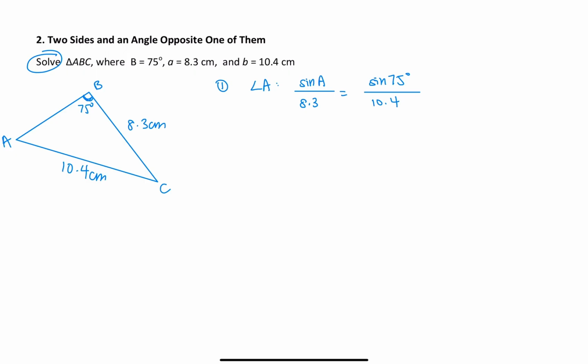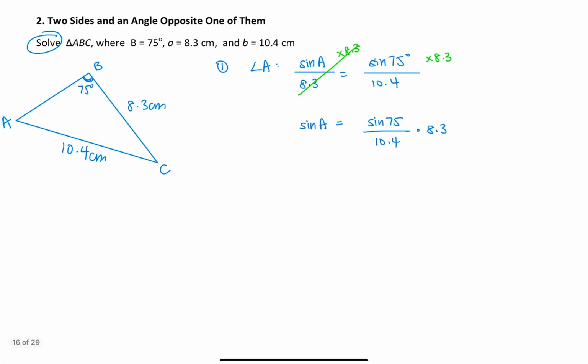So in order to get angle A, let's multiply both sides by 8.3. And then that means that this is gone. So you're left with sine of A is equal to sine 75 over 10.4 times 8.3. And then we're trying to find A, right?